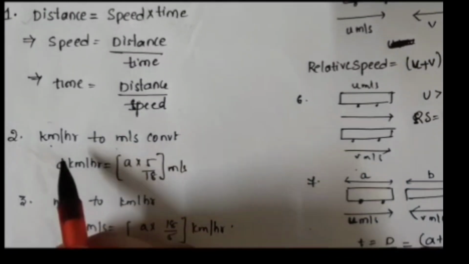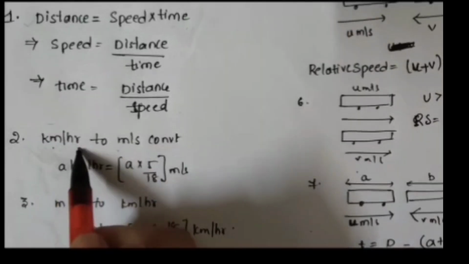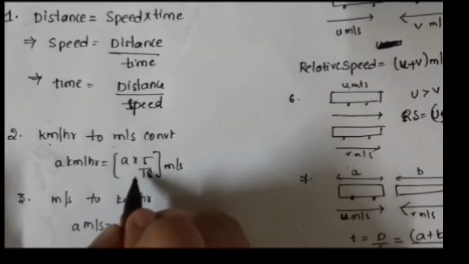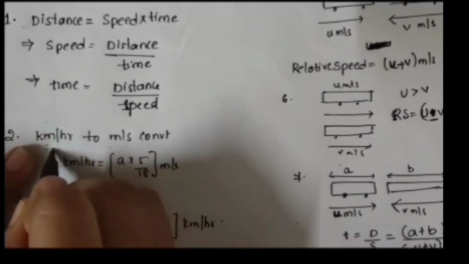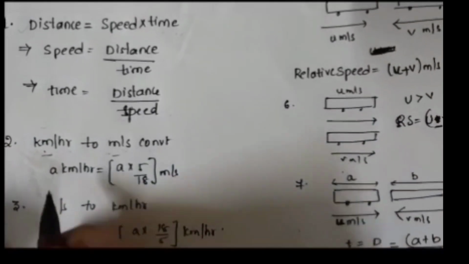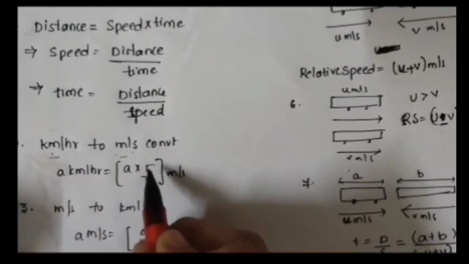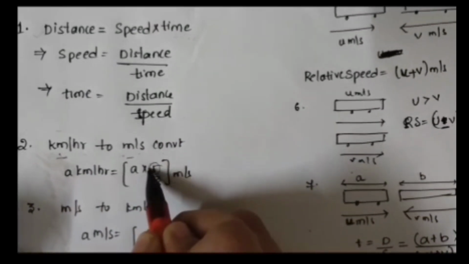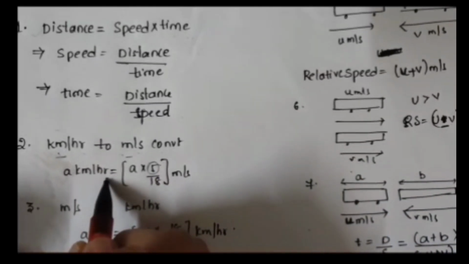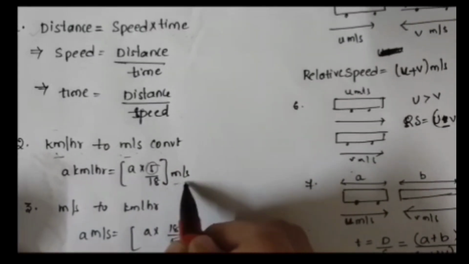Next, when we have to convert kilometer per hour to meter per second, how can you remember this formula? A kilometer per hour is a larger unit and meter per second is a smaller unit. When converting from large to small, you multiply by 5 by 18, and this gives meter per second.